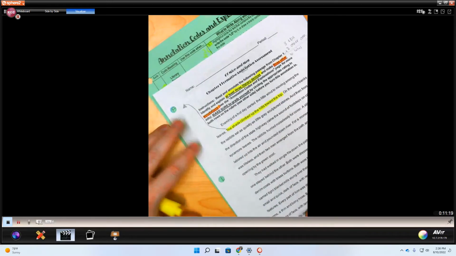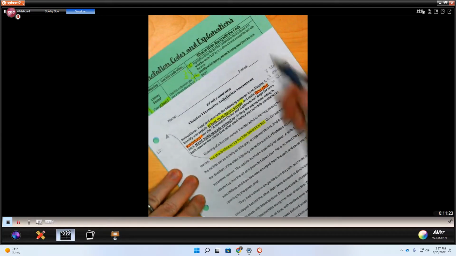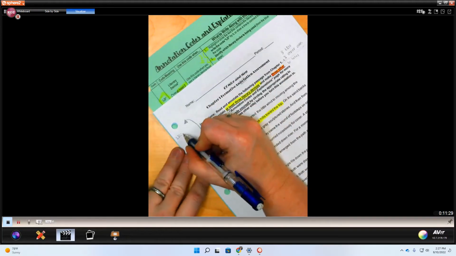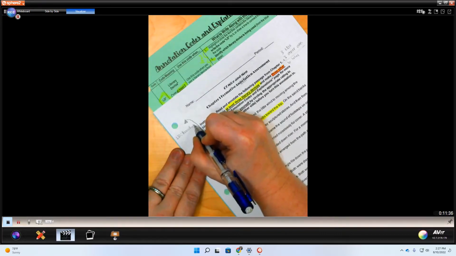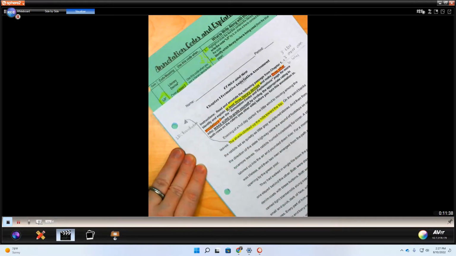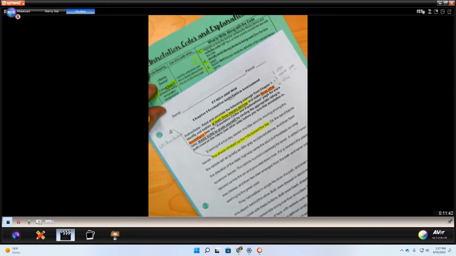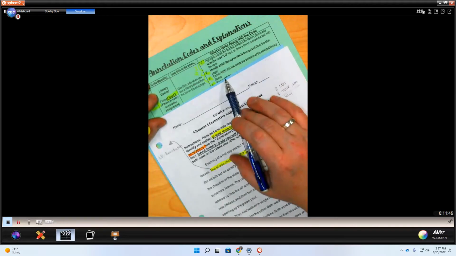The second thing it's asking me to do is identify which literary device is being used from the blue sheet. Well, I already did that because I'm super smart and I found personification. Next, it's asking me to explain why this text meets the definition of the selected literary device.